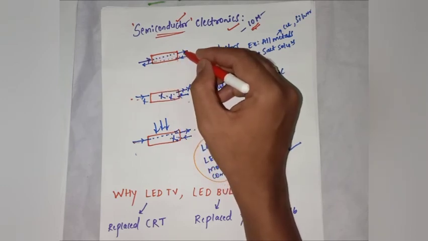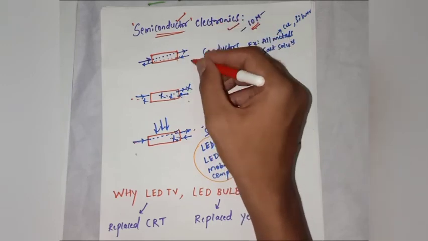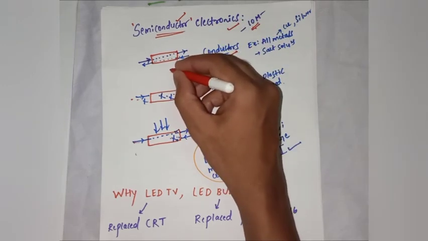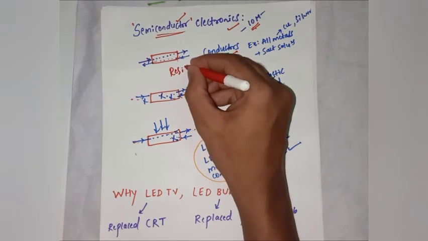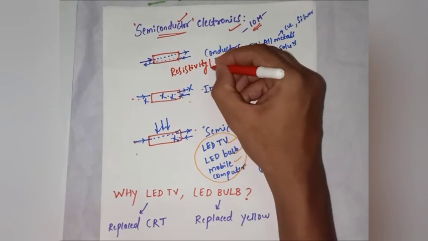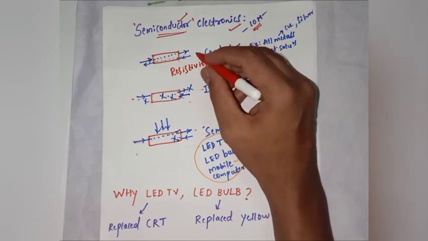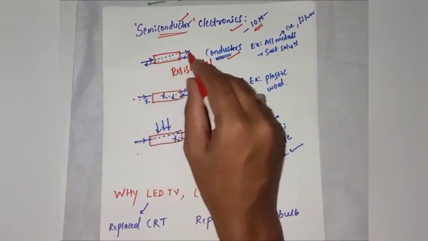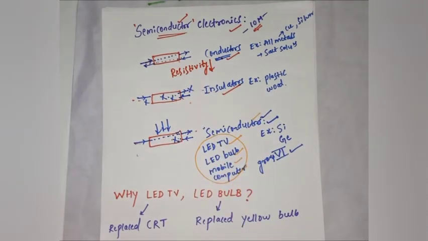That is very little opposition. So resistivity is very low. That means conductivity is very high. It can conduct very well. It is a good conductor.